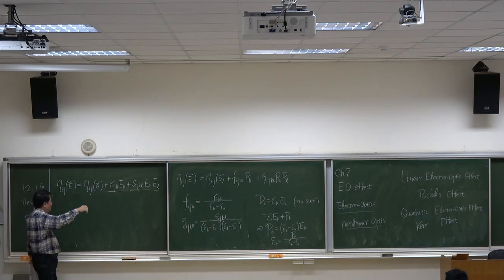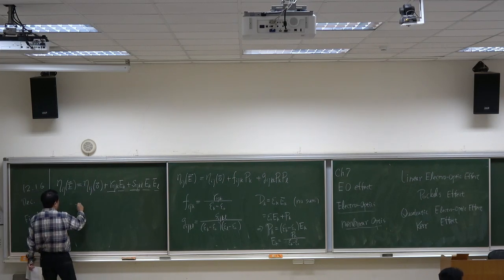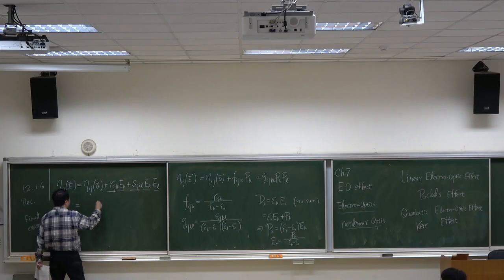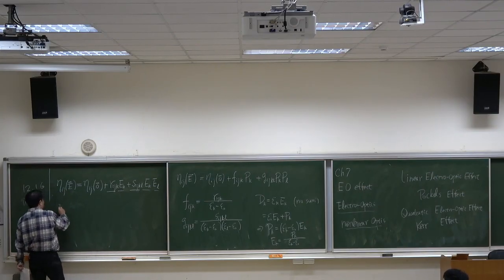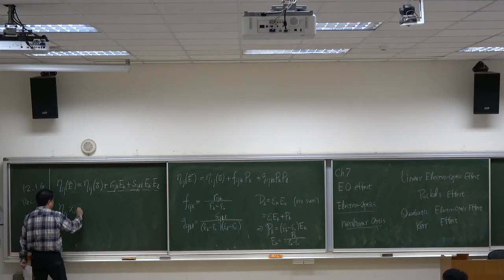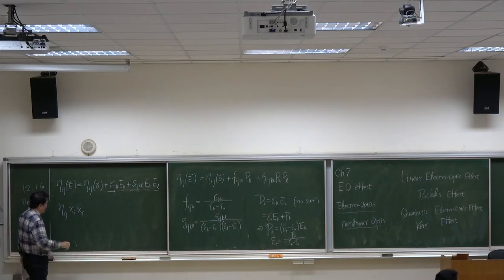According to this expression, you see that we use this eta ij to multiply xi and xj, sum over, to get 1.